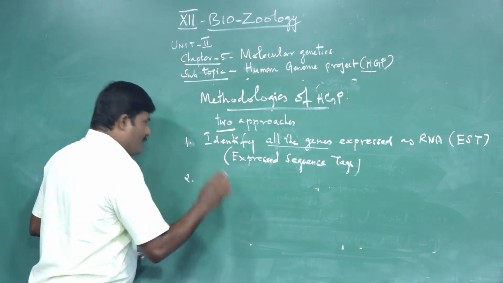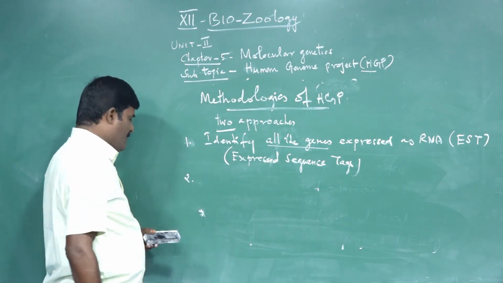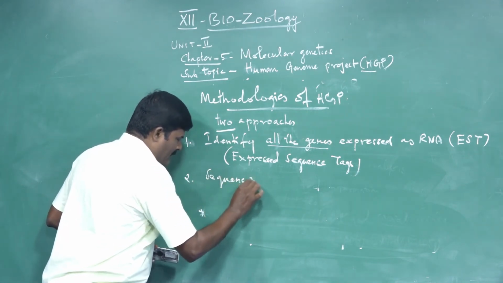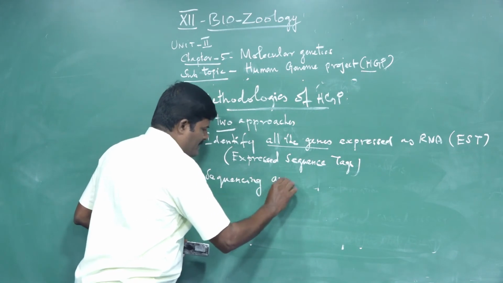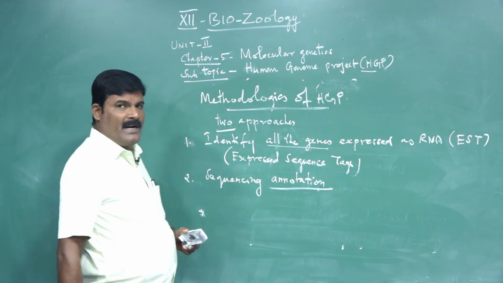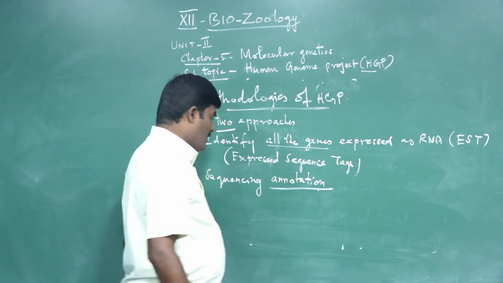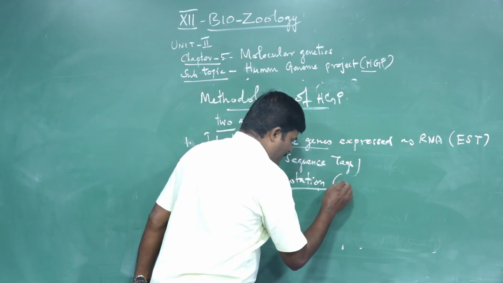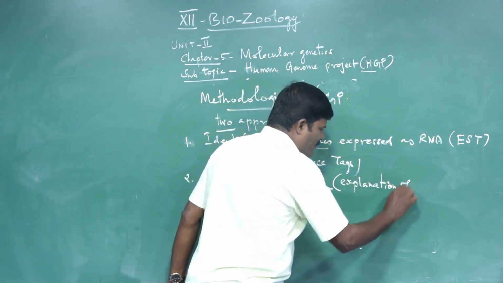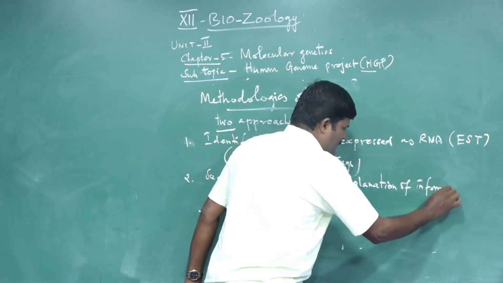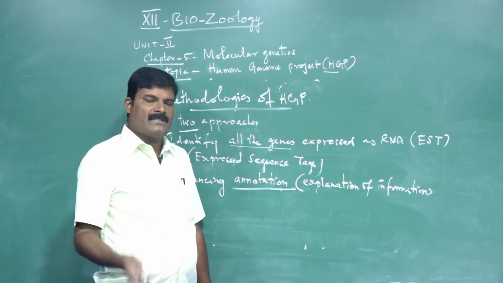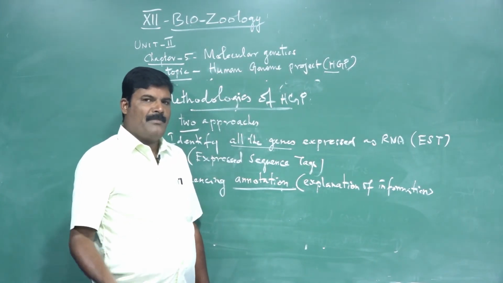What is the second approach regarding the HGP? Sequencing annotation. What is called annotation? Annotation is the explanation of information through words, or pictures, or diagrams.